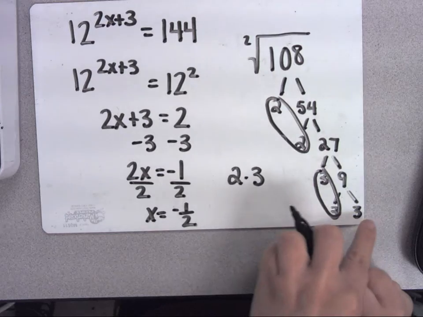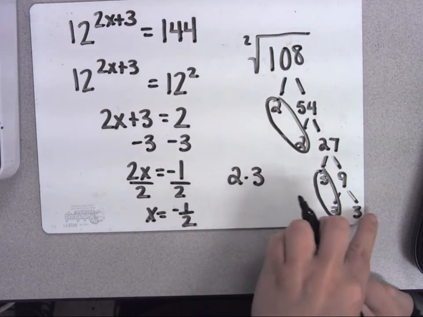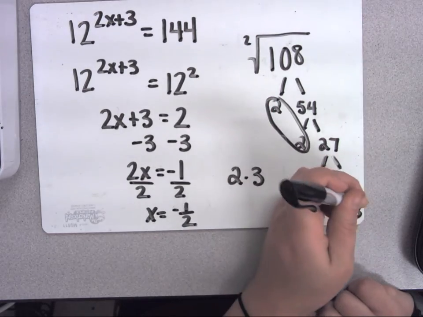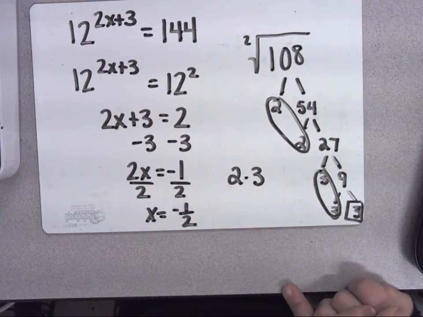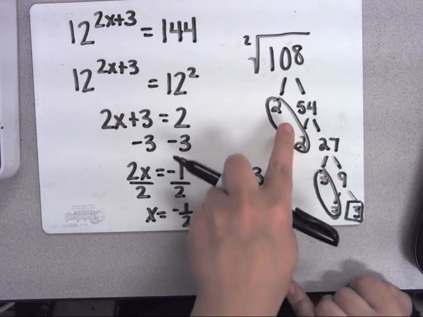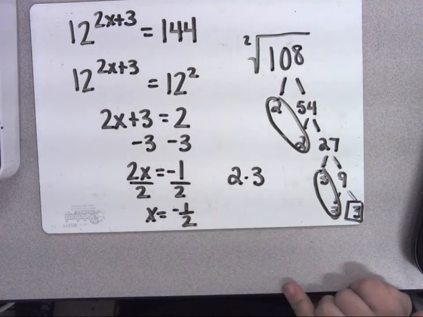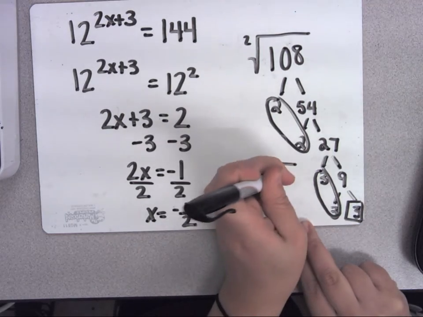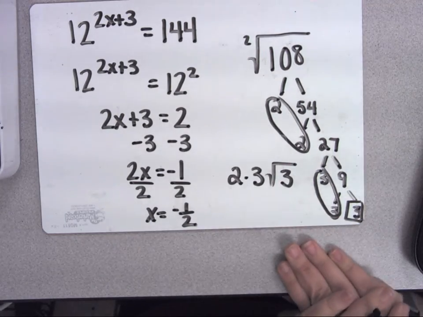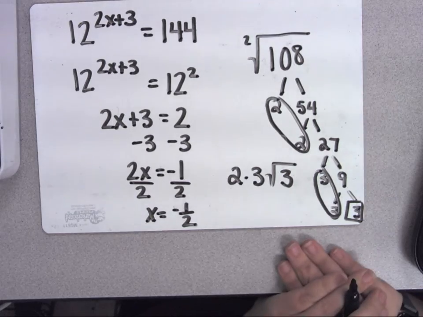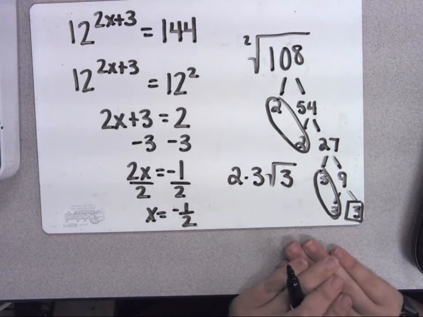Did I have anything on my ends that I couldn't group? I had this sad guy right here, didn't I? And I always box him differently. Whatever was not at the end of your tree that couldn't be pulled out is left under your radical sign. And that's how you actually simplify radicals, which is the end of this chapter that we'll never get to.